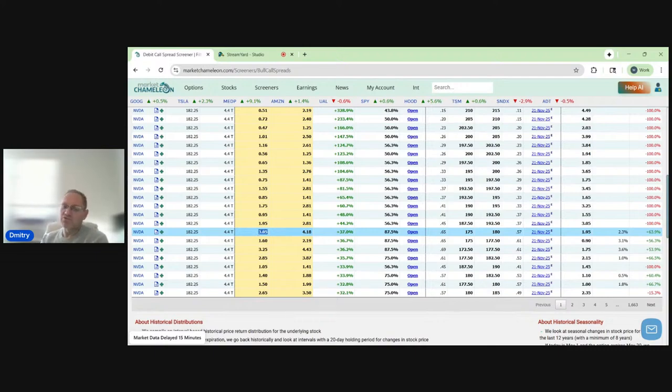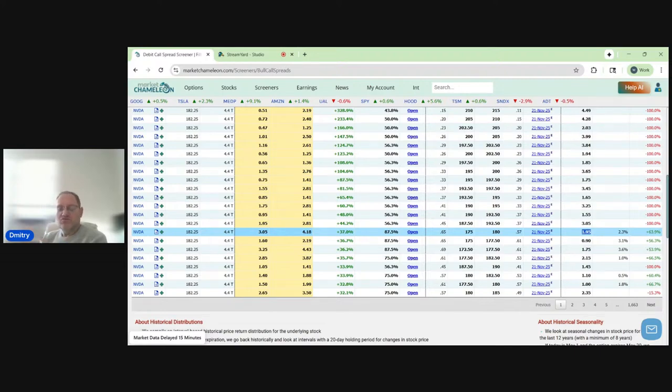Well, if the stock's above 180 at expiration, this spread will be worth $5, the difference between the strikes. If it's worth $5 and you paid $3.05, you would gain $1.95.